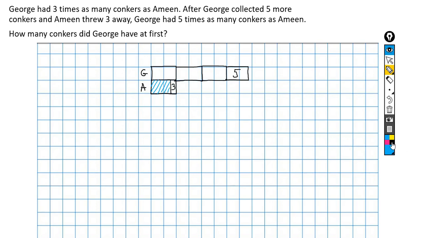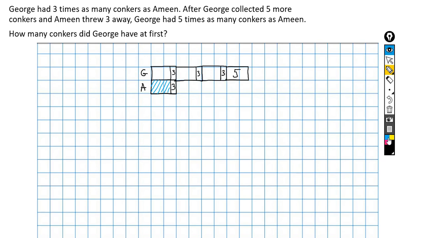Okay, how can we visualize this then? Well, this block here is the same value as the old block of Ameen, so if I cut into it in the same way, I get a block here that's the same as this. I'm going to do the same with this one. That would be another 3 there, and I'm going to do the same with this one.